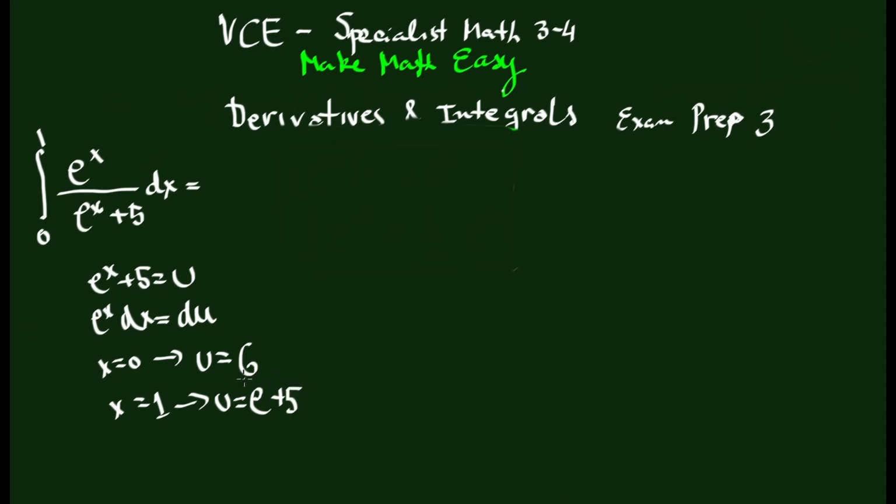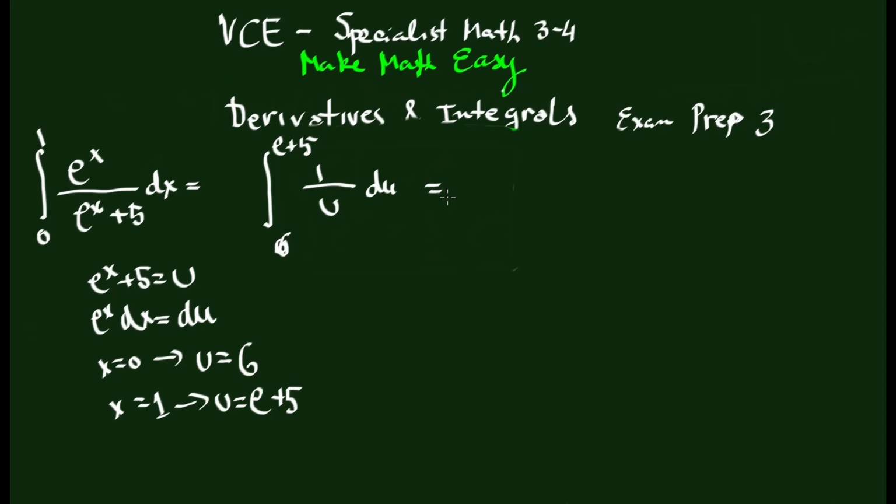So e plus 5. So the integral becomes the integral from 6 to e plus 5 of e to the x dx, which is du, over u.